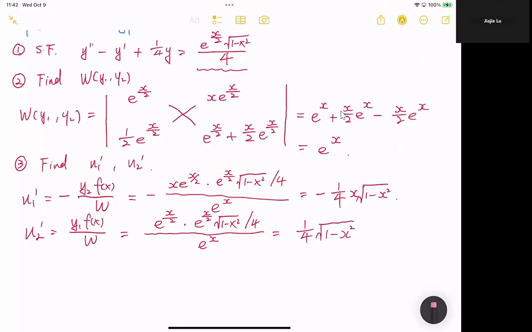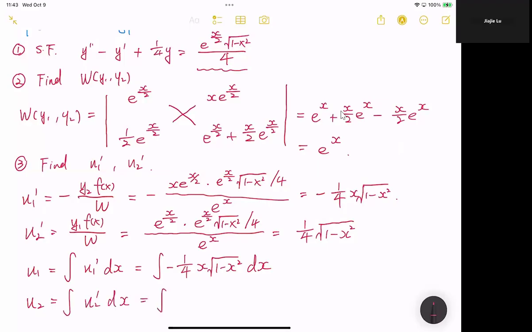Then, after you find your u1 prime and u2 prime, u1 and u2 are nothing but the antiderivatives. u1 equals the integral of u1 prime dx, which is the integral of negative 1 over 4 x square root of 1 minus x squared dx. And u2 just equals the integral of u2 prime dx, which equals the integral of a quarter square root of 1 minus x squared dx.